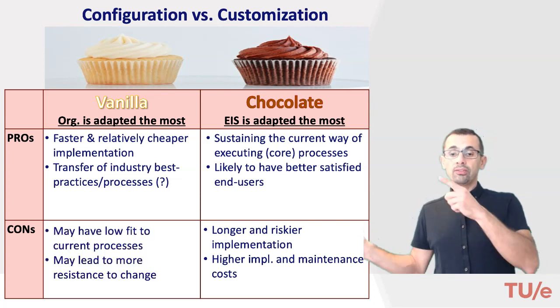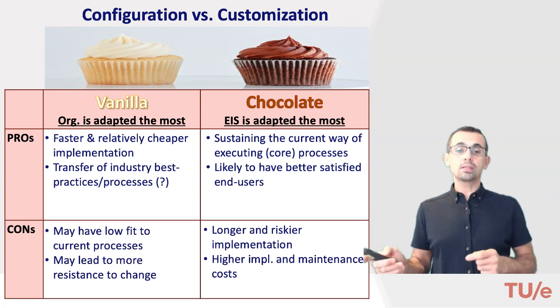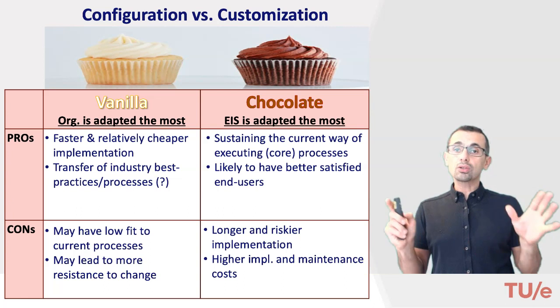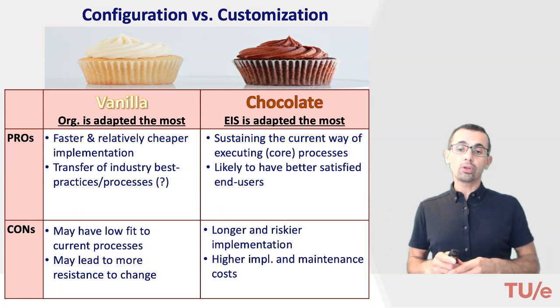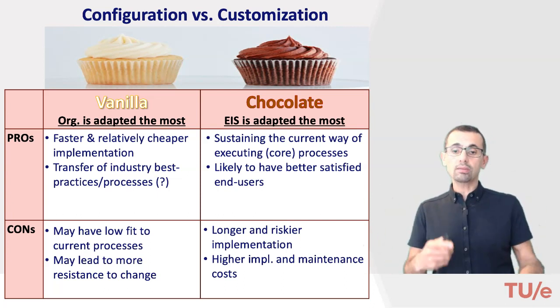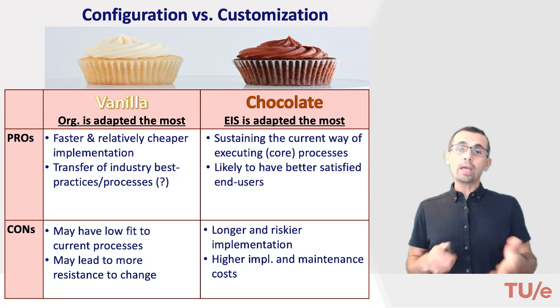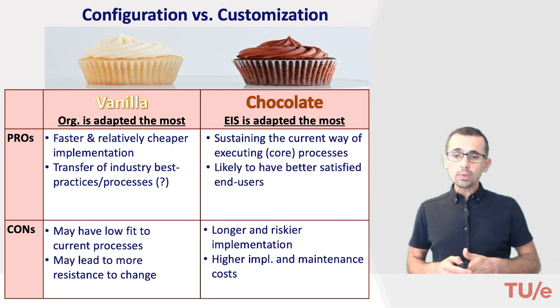And related to that, if you would actually want to sustain the way you handle some processes, and those that are, for instance, core are very important for you, vanilla might not be a good fit, which might also lead to some resistance from users, as they will need to change the way they have been performing the processes for perhaps ages.